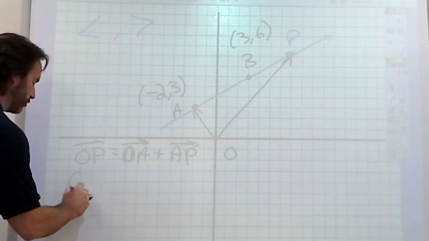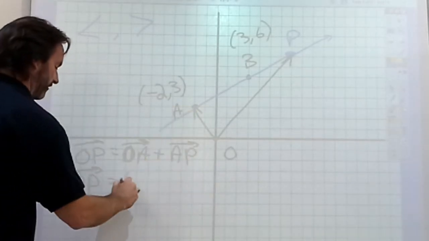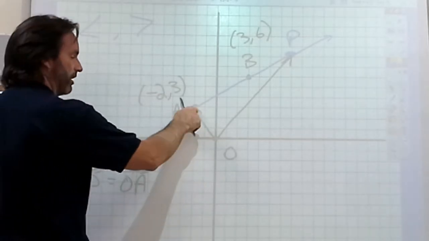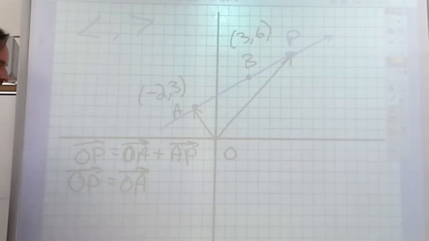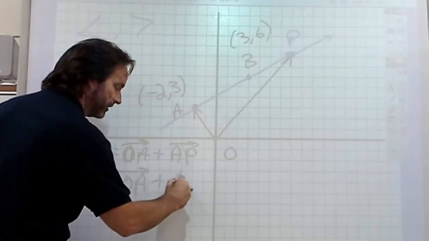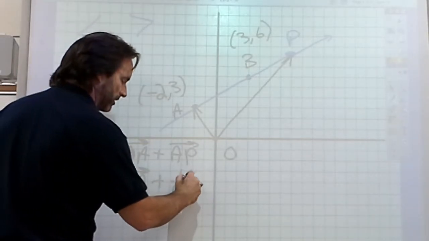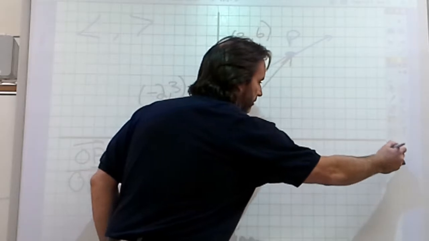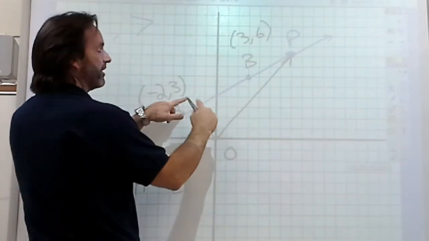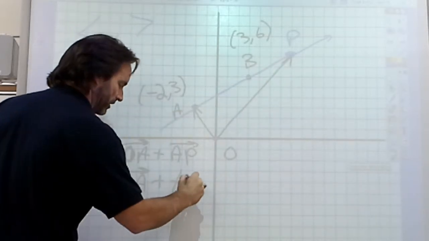So I'm going to rewrite this: OP equals vector OA, which I know is negative 2, up 3, plus t, the old t, times AB. So some value of t times AB will get me AP.